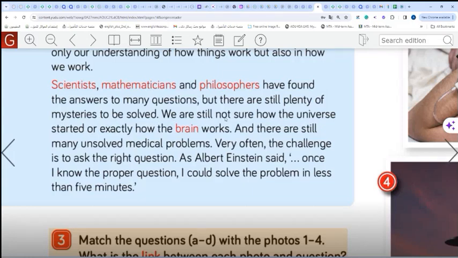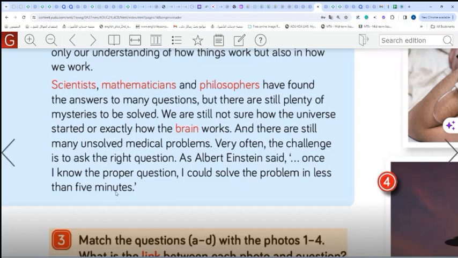We are still not sure how the universe started or exactly how the brain works, and there are still many unsolved medical problems. Very often, the challenge is to ask the right question. As Albert Einstein said, once I know the proper question, I could solve the problem in less than 5 minutes.